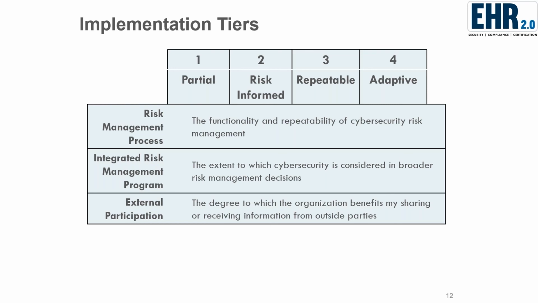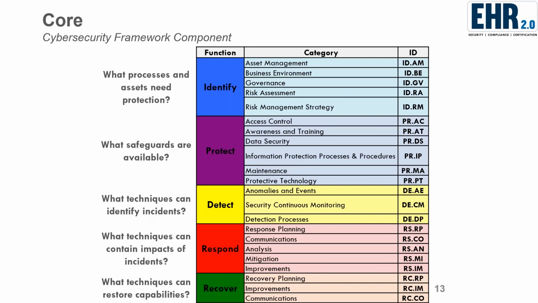For example, in some areas you may not want to be in an adaptive process, which would be much more time consuming and require more resources. Your organization may not have sufficient resources or budget to go to the 4th level. So rather, you say my target is repeatable, whereas right now I am at the risk-informed level. That's the way you will define your profile.